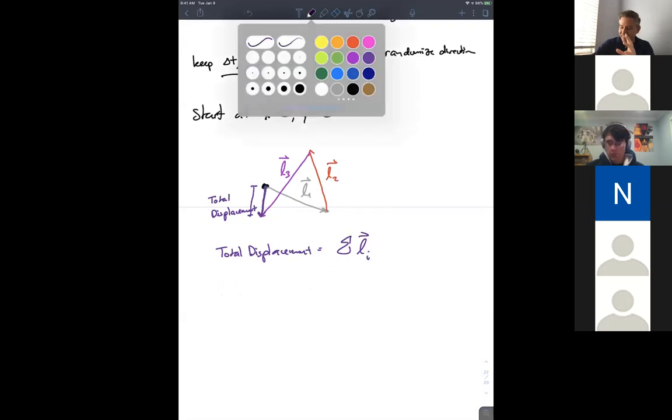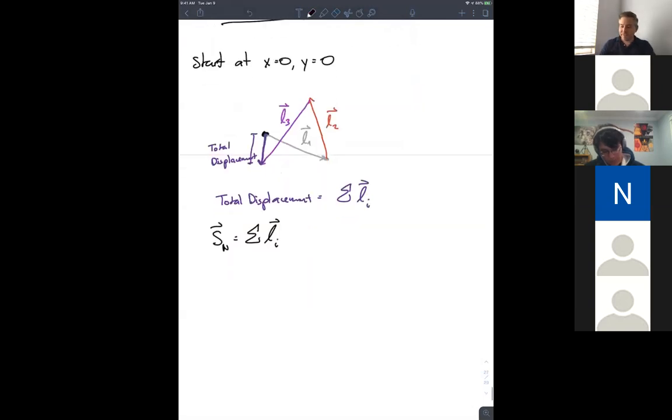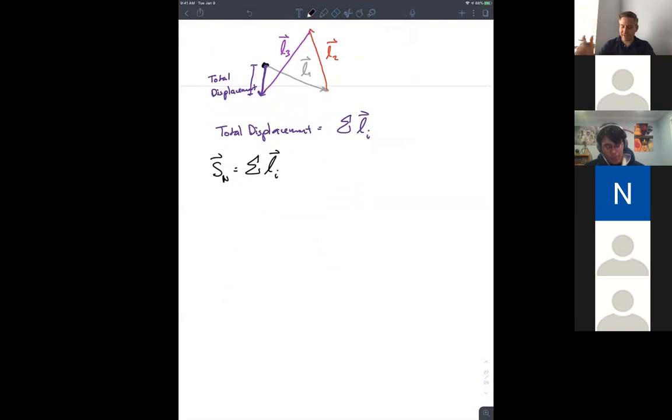Don't get too fancy, Professor. So s sub n is a vector, and it is just the vector sum of the individual vectors. Now what we're interested in is the average of s sub n squared.